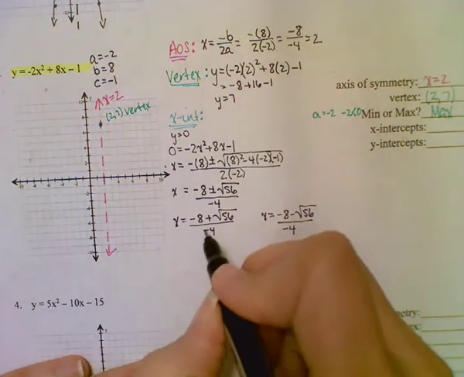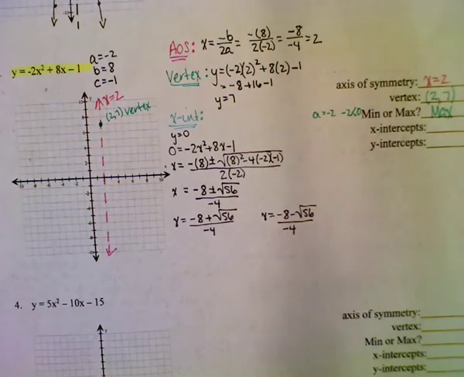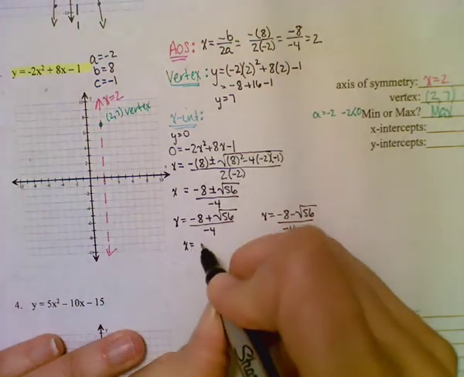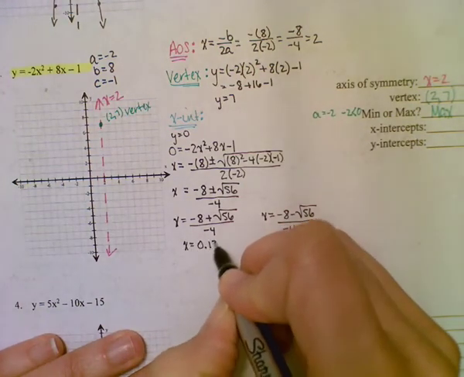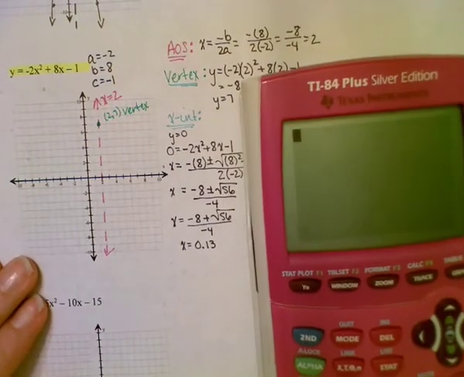When you plug that into your calculator, we're going to round to the nearest hundredth place. I'm going to show you again on the calculator how to do that in case you have forgotten.